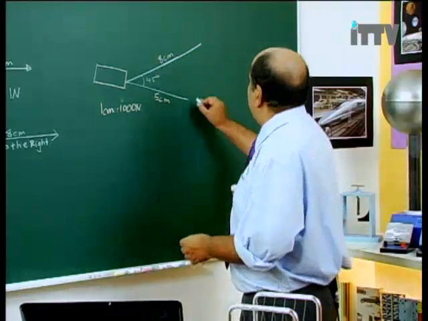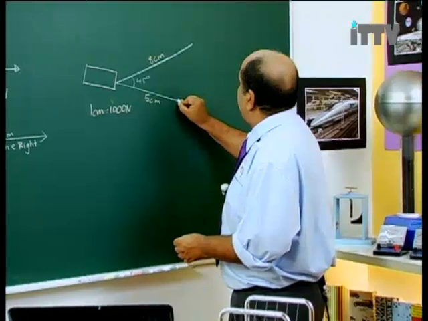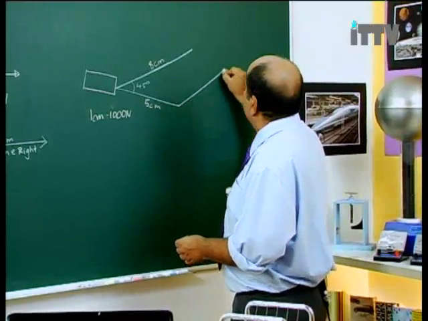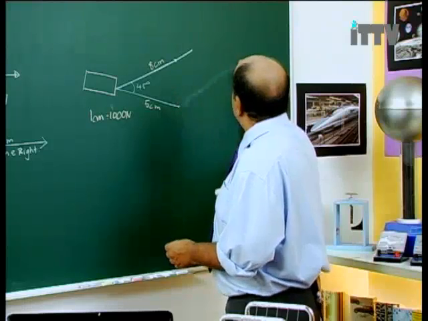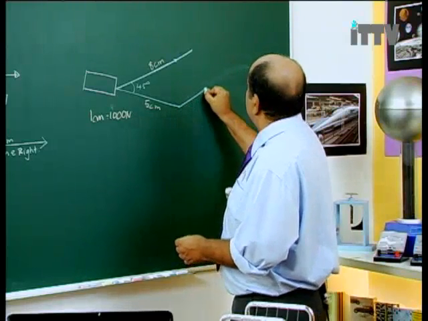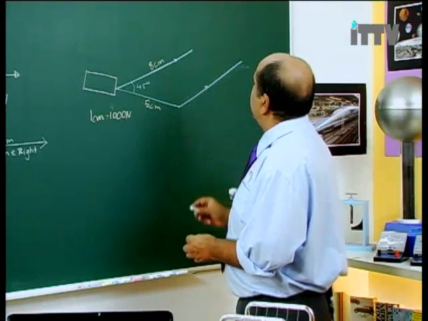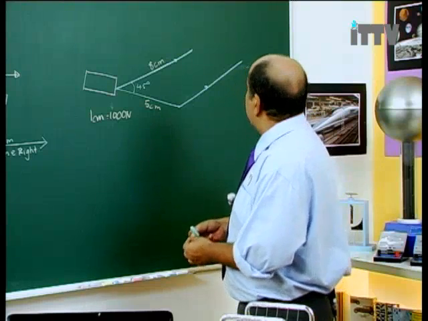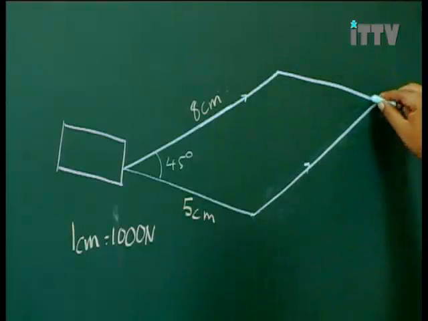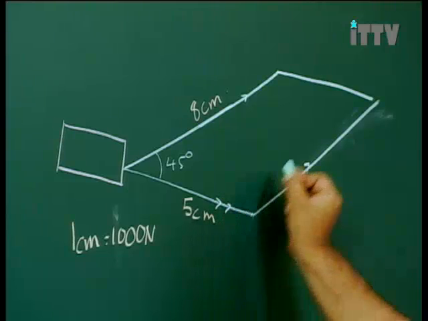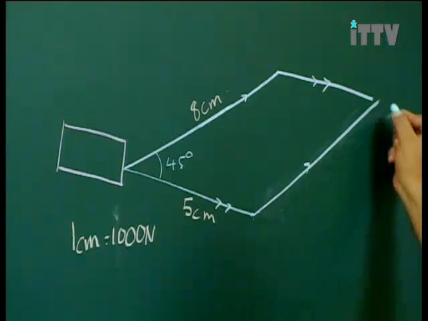So we complete the parallelogram by drawing another 8 centimeter line here. Make sure that this line and this line are parallel to each other. Then complete the diagram by drawing a line over here so that this line and this line are parallel to each other.